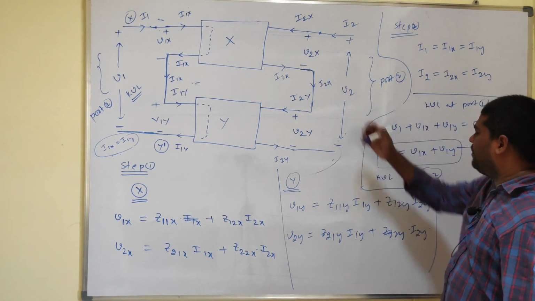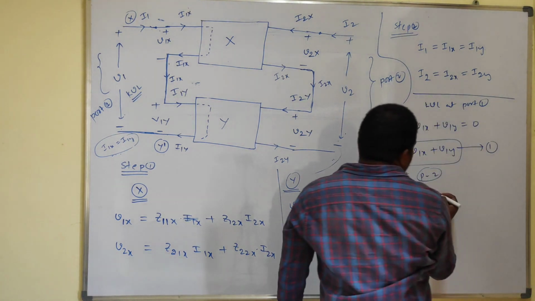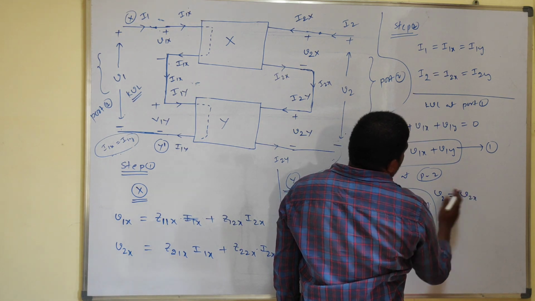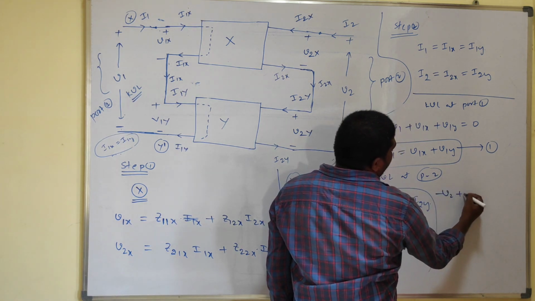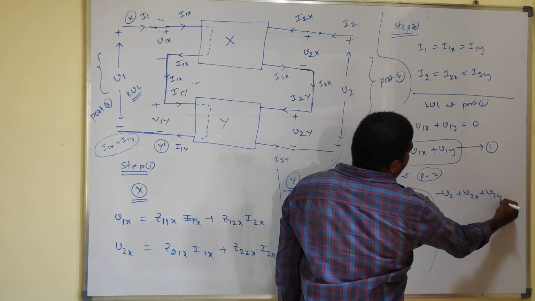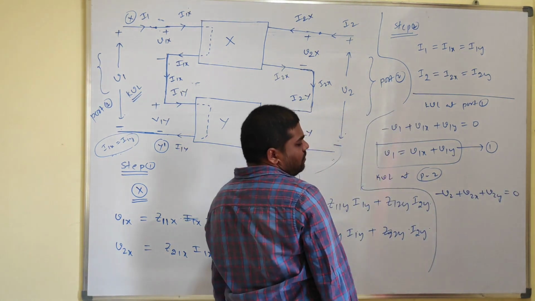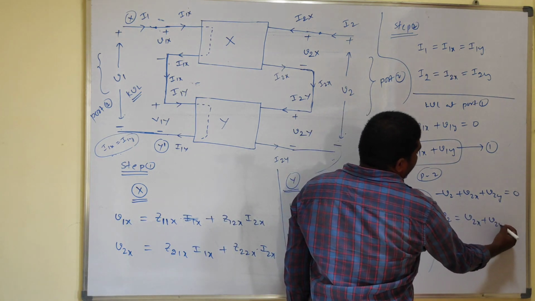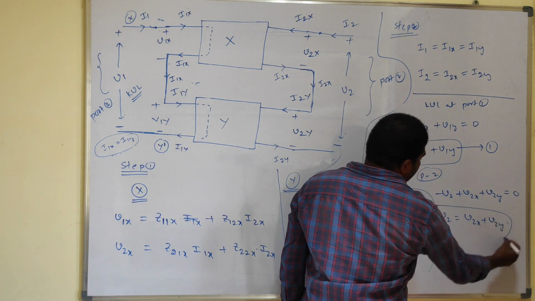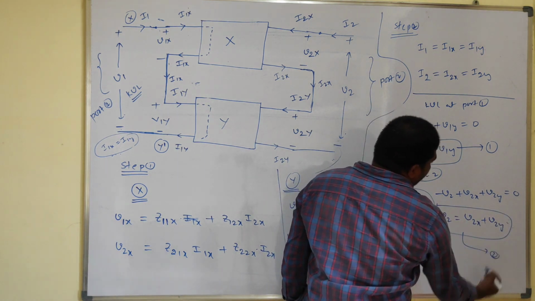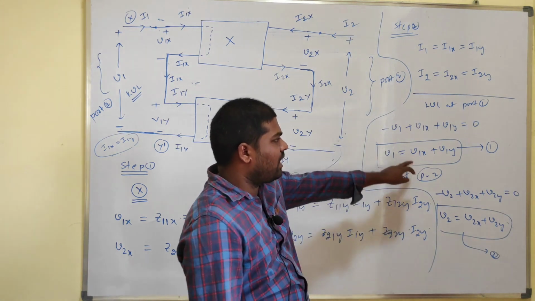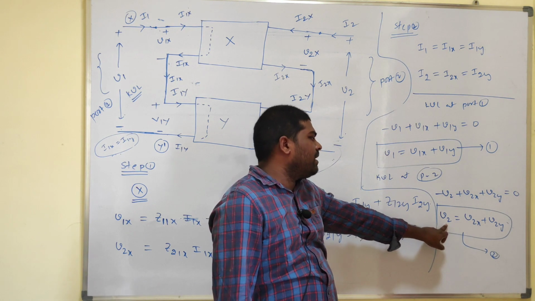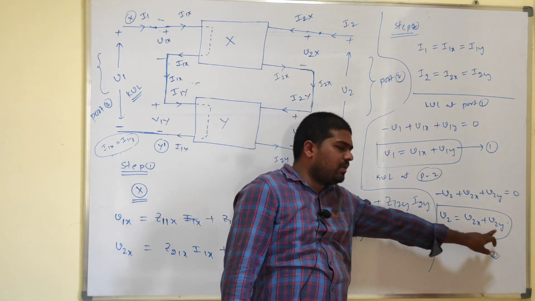So minus V2 plus V2x plus V2y equals 0. Now V2 equals V2x plus V2y. This is equation number 2. So we have two KVL expressions: V1 equals V1x plus V1y, and V2 equals V2x plus V2y.